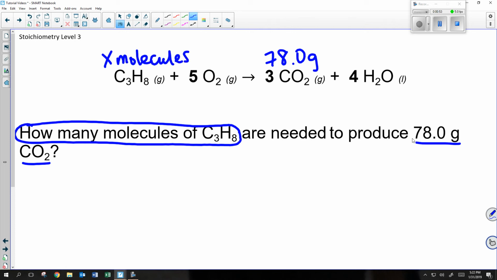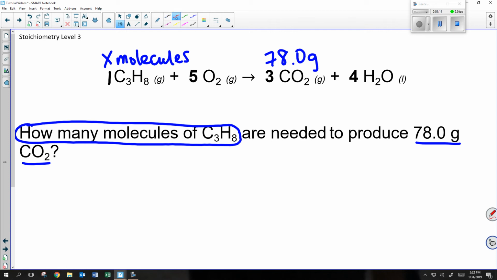Then, in order to set up my proportion, I need to make sure my units on the top and the bottom of my proportion match. So right now, the coefficient in front of my C3H8 is 1, and I have 1 mole of C3H8. But I need to know how many molecules of C3H8 are in 1 mole.